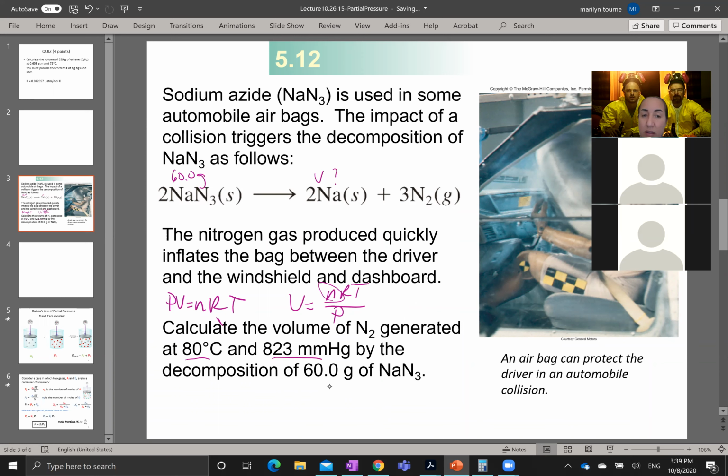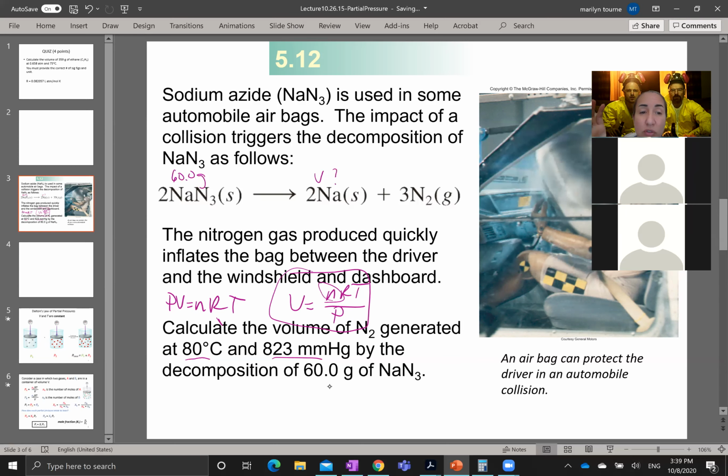Convert the number of moles of NaN3 and convert until you get moles of N2. Okay, so that is the first step, Cherish. Because that's right. When I asked what's the first thing you should do, that's the first thing you should do, since you're going to eventually use this exactly the way that you stated it.